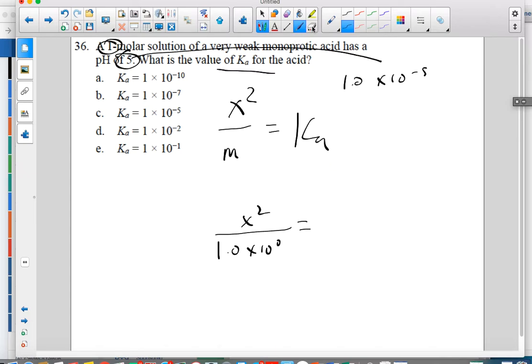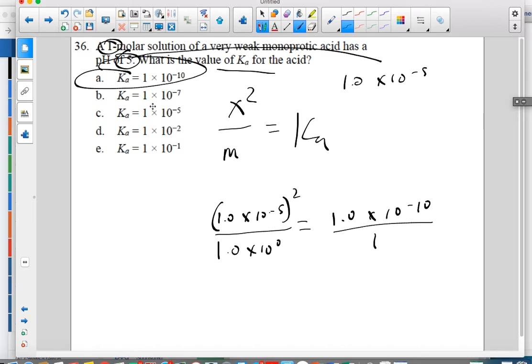I'm going to come down here and do 1.0 times 10 to the negative fifth. When I square a number in scientific notation, that's going to give me 1 times 10 to the negative 10th, and that's basically being divided by 1. So my Ka is going to be 1 times 10 to the negative 10th. Just make sure you put everything in scientific notation.